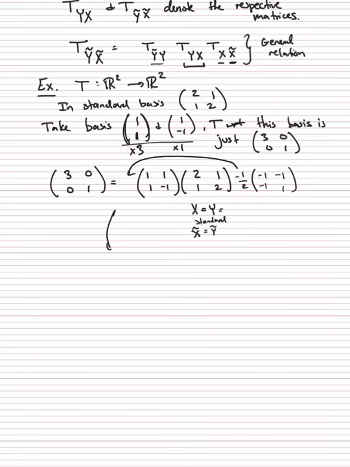Okay, and we can check that if we multiply these matrices, we're getting negative 3, negative 3, negative 1, 1, okay?